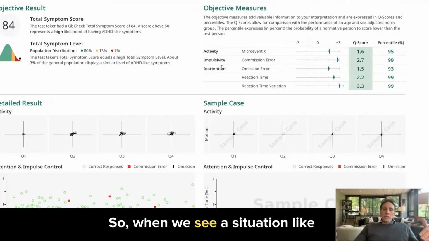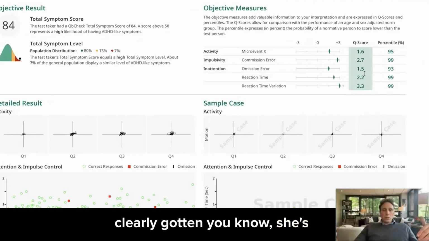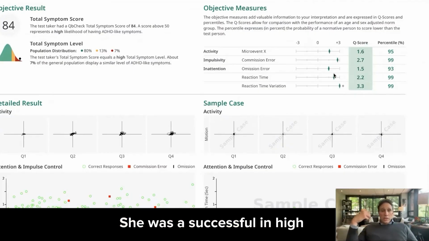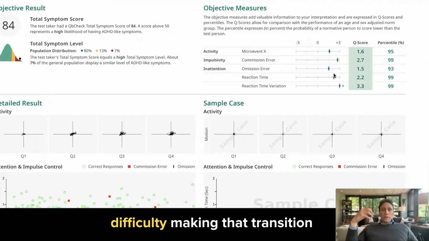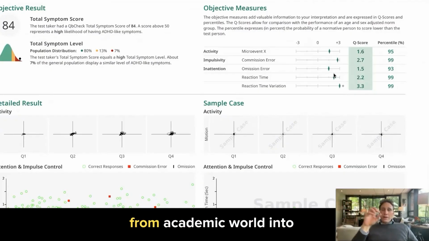So when we see a situation like this, we see somebody who's clearly been successful. She was successful in high school, did very well in college, went on to law school. As she became an attorney, things started getting harder. She started feeling a lot more difficulty making that transition from the academic world into the professional world.